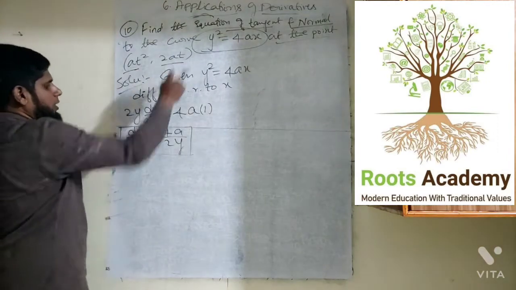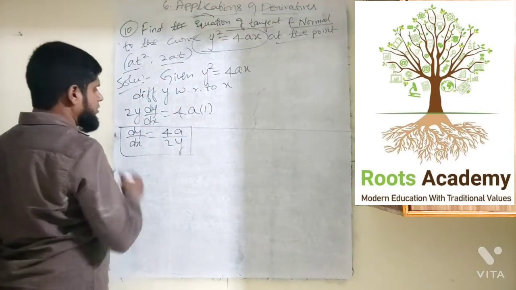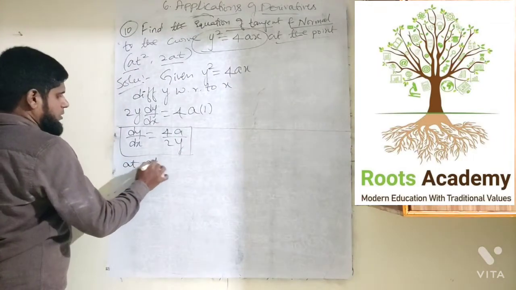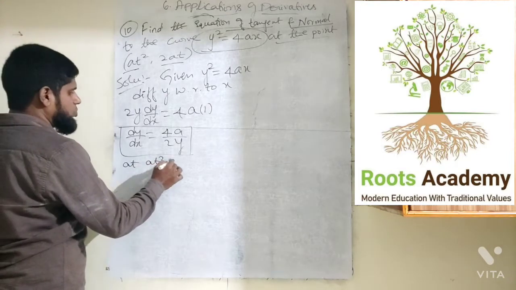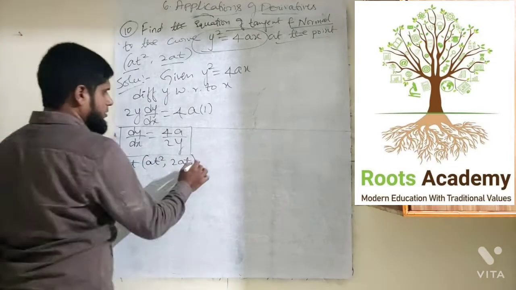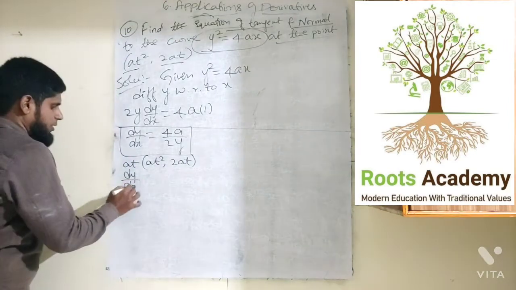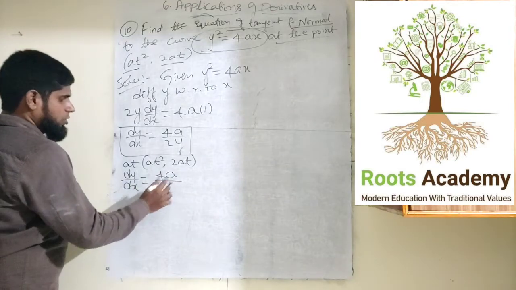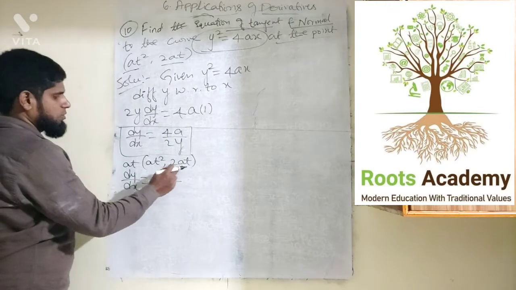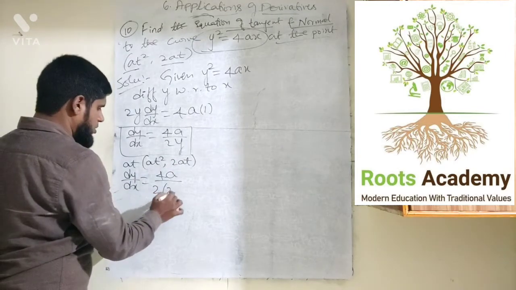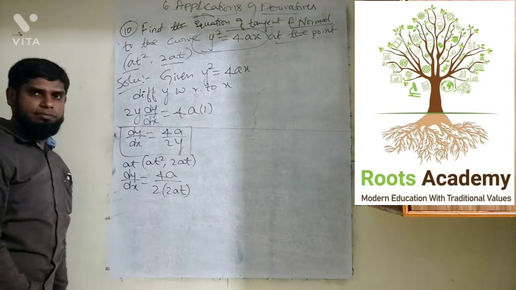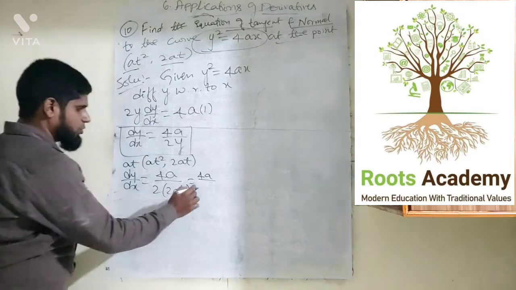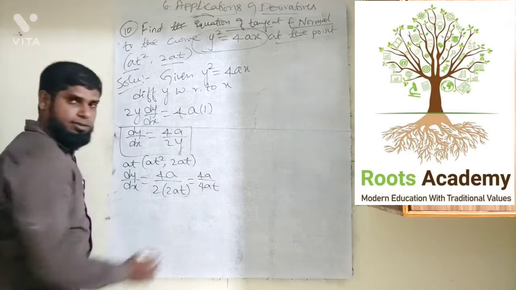Let us substitute the point here. At at square comma 2at, our dy by dx is equals to 4a divided by, this is y. Y is 2at. So this becomes 4a divided by 2 into 2 is 4a and t.